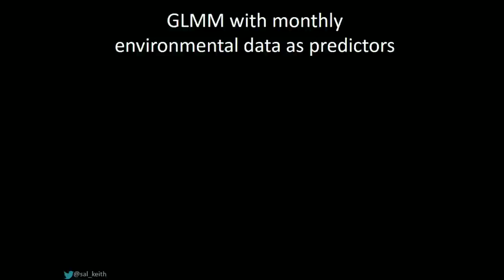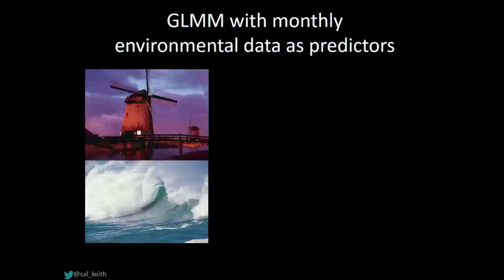So we made a GLMM, a generalized linear mixed effects model, and we used monthly environmental data as predictors. We were lucky to also have a co-author who works at NASA who can get hold of this kind of nice monthly data. It's quite hard to get otherwise. Then we looked at a bunch of variables that were hypothesized by other people to be important.